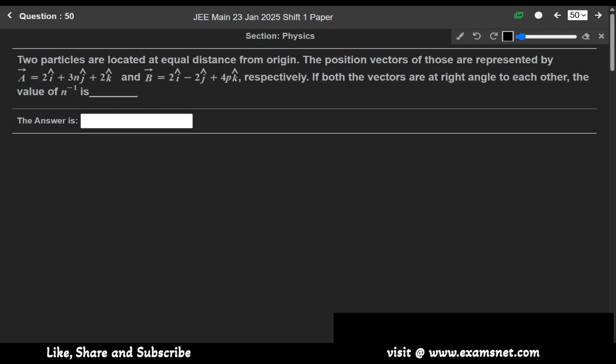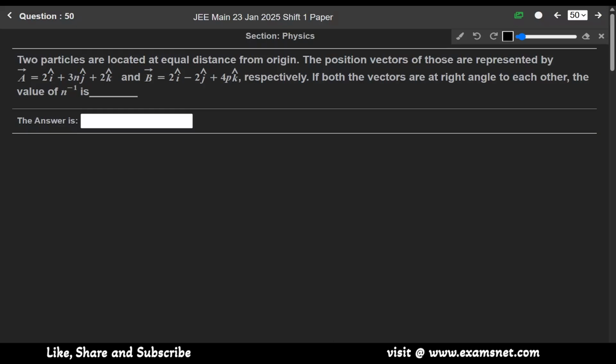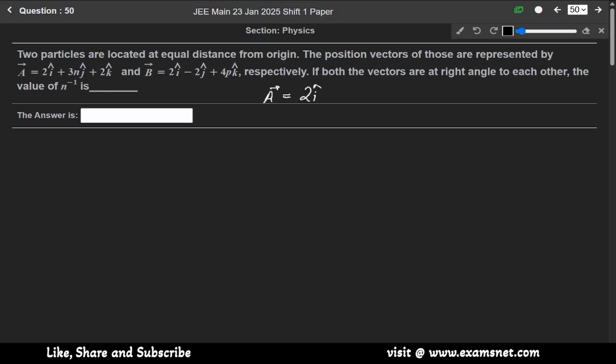Two particles are located at equal distances from the origin. The position vectors of those are A and B. So there are two particles and the position vector of A is given by this, and the position vector of B is given by 2 i cap minus 2 j cap plus 4p k cap. Okay.